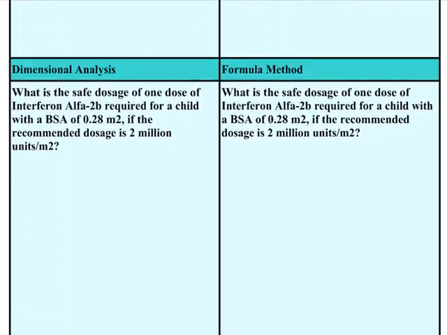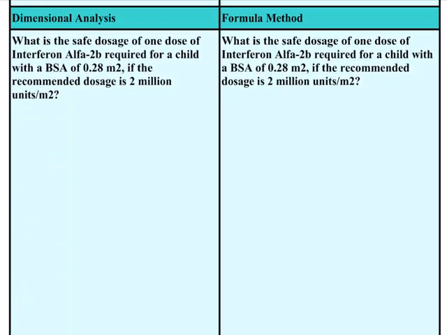We can also use dimensional analysis to solve this problem. We want to find the safe dosage for a child with a BSA of 0.28 meters squared. Therefore, we're going to start with our 0.28 meters squared. Now, because this medication is in units, we're going to try to convert meters squared into units. As we can see from the problem, it tells us the recommended dosage of 2 million units per meter squared.